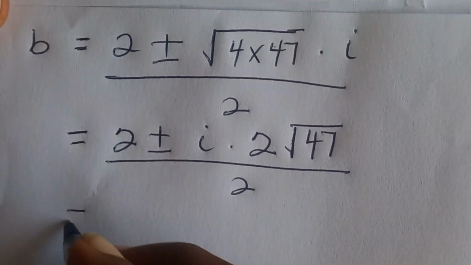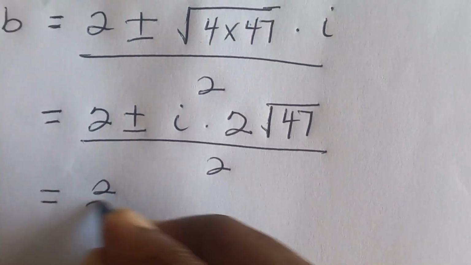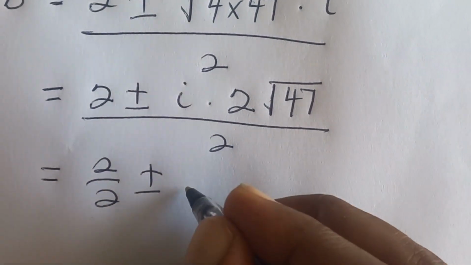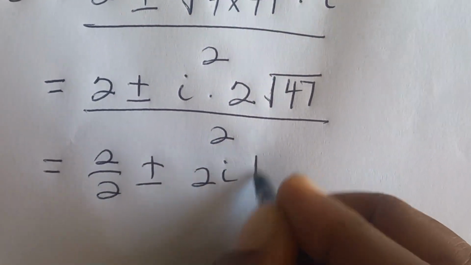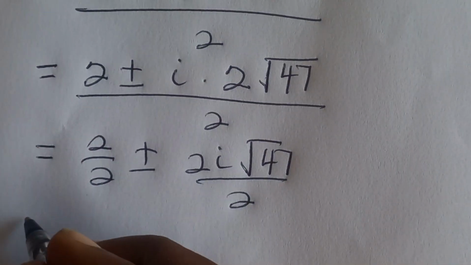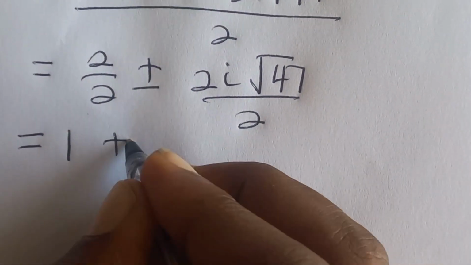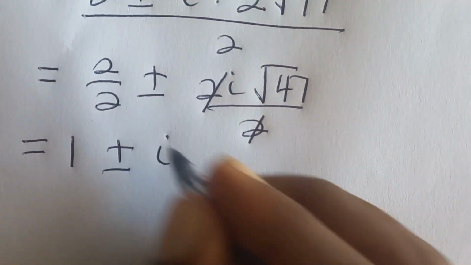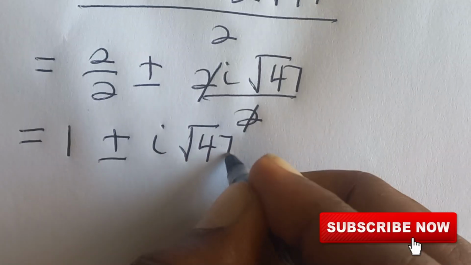So now we are going to get 2 on 2 plus or minus 2i square root of 47 on 2, which is equal to 1 plus or minus, this will cancel this, leaving i root 47.